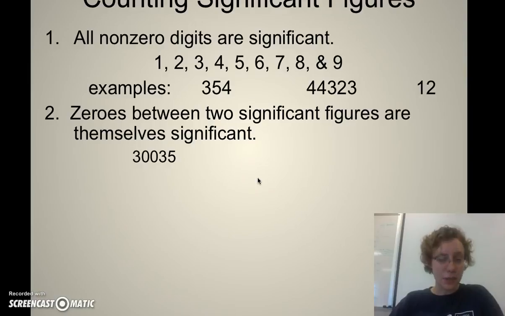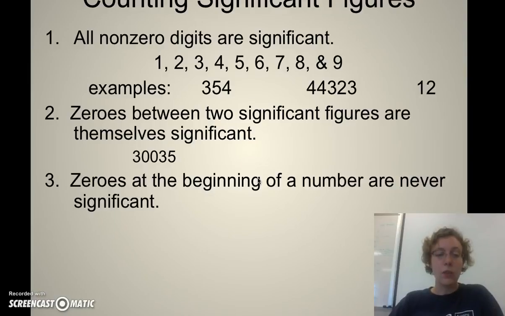That's for sandwich zeros. If we have zeros at the beginning of a number, they're never significant. These are place-holding zeros. For example, if you've got a number less than 1, you've got this 0 here, this 0 here. Those are holding the place to say that this is in the, let's see, tens, thousands, or tens, hundredths, 1,000ths place. No, sorry.